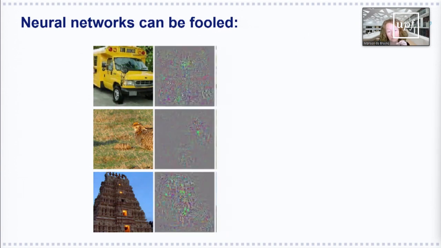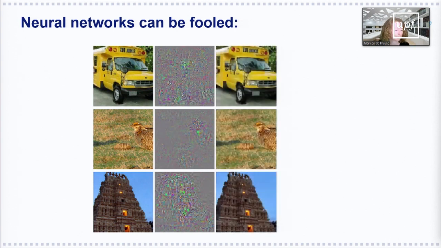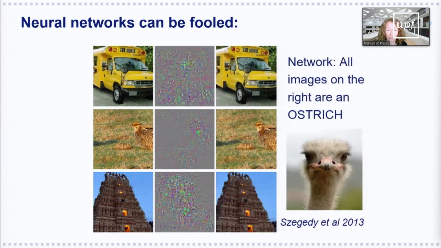Now, if you add a little bit of noise in such a way that to our visual system these images still look the same, the network is suddenly very certain that all these images are an ostrich. So images can be altered in such a way that you don't really see the difference, but a network would predict a completely wrong result.